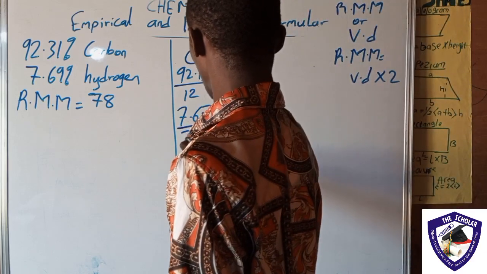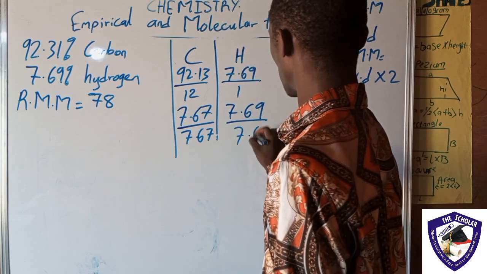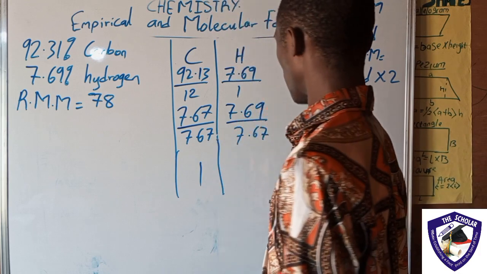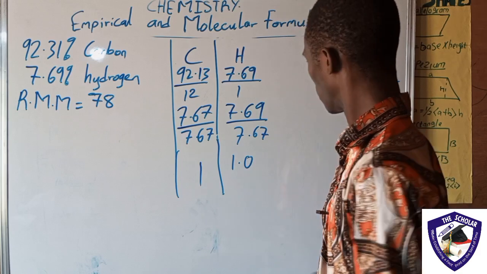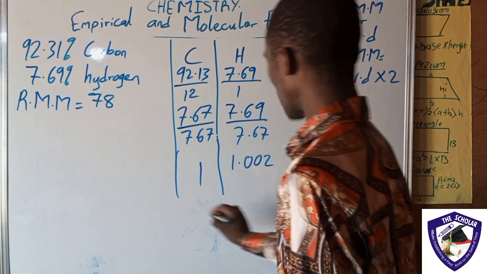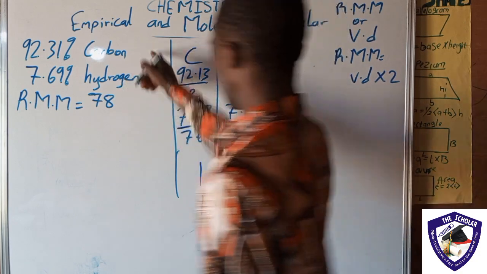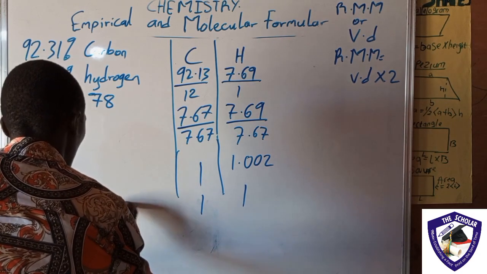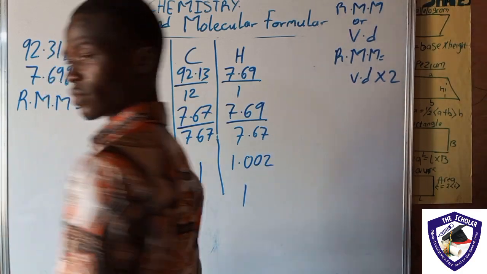You divide by 7.67. Then here, 7.67. So we have 1 and we have 1.002, which is approximately 1. So which means our empirical formula now is what? So therefore, empirical formula EF equals CH.